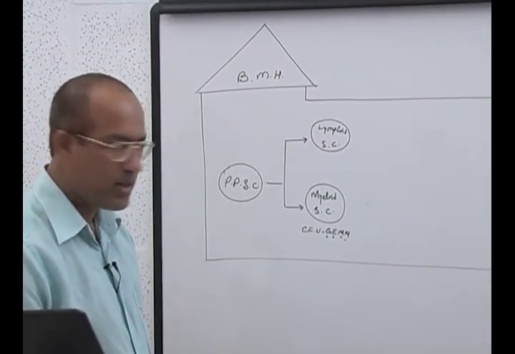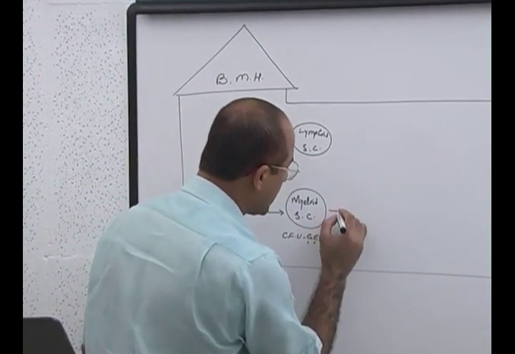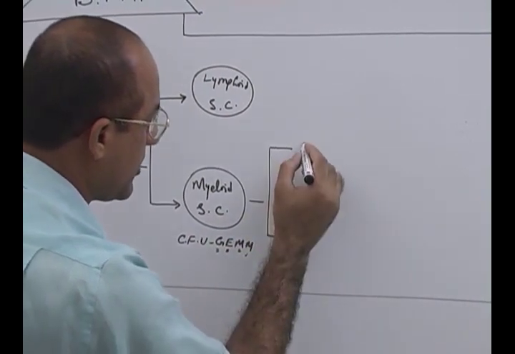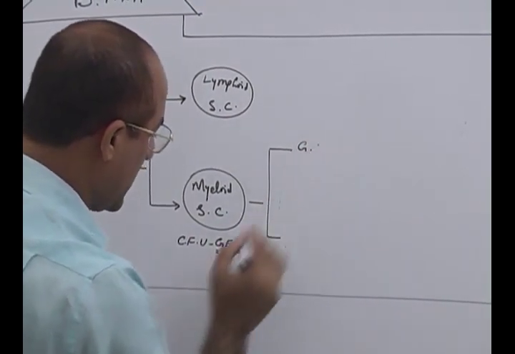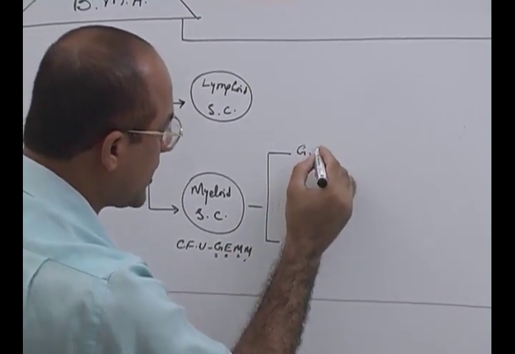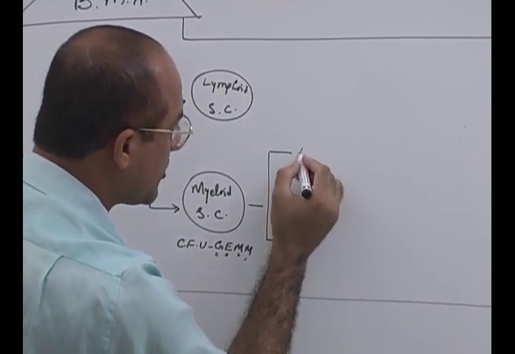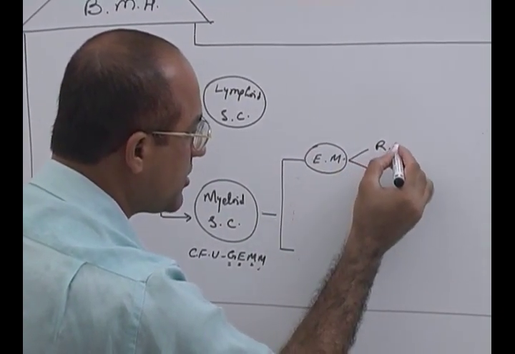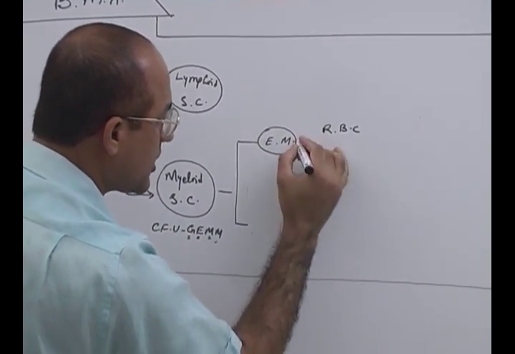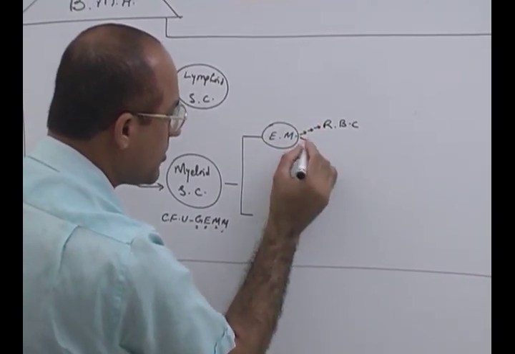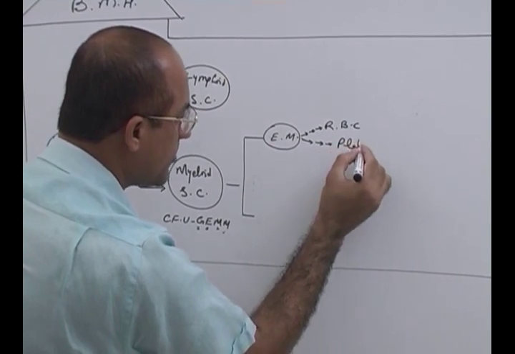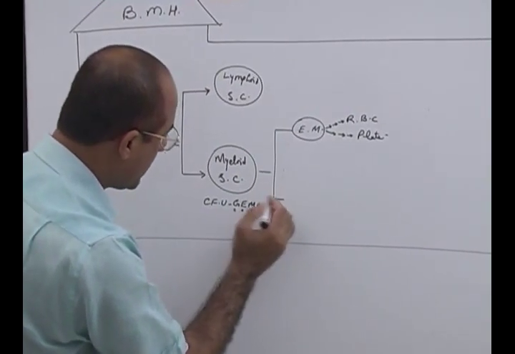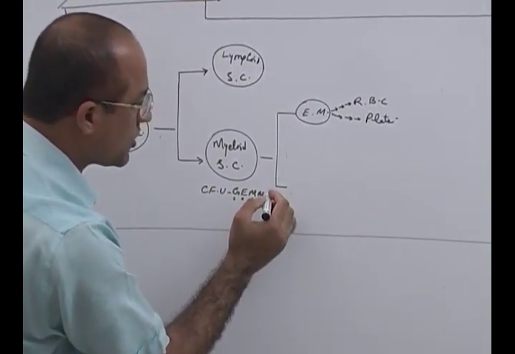Lymphocytes are there. Then this will divide, and this will make what type of cells? Granulocyte and erythroids. Granulocyte and erythroid and megakaryoid series become separate. Erythroid and megakaryoid will eventually go into the formation of RBCs through multiple steps, and formation of platelets, right? And then there are other precursor cells which will go into formation of granulocytes and monocytes.